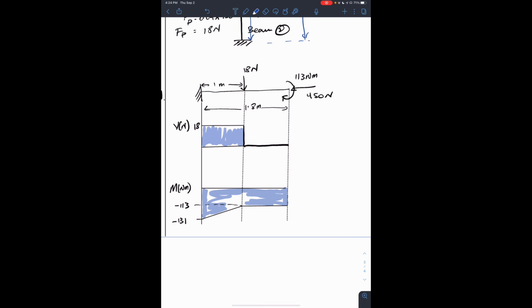Yeah, so as an exercise, you could draw the shear force and bending moment diagram and ensure that you get the same values that we got here.